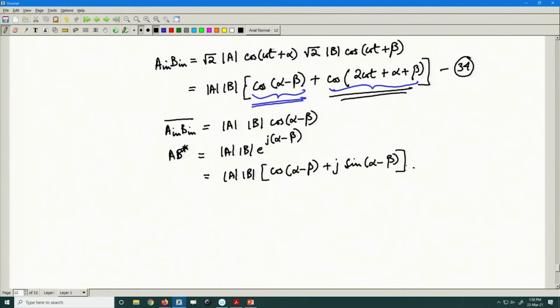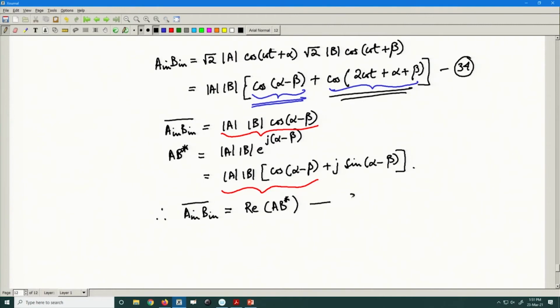So, we find that the real part of this term A B star is the same as the time average of the instantaneous product A instantaneous B instantaneous. So, we write, therefore, the time average of A instantaneous B instantaneous is equal to real part of A B star.